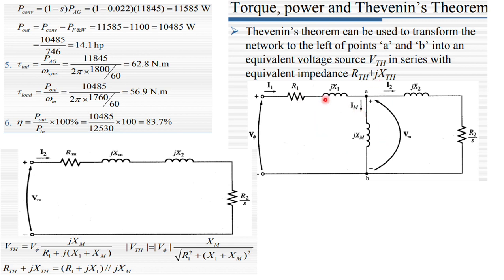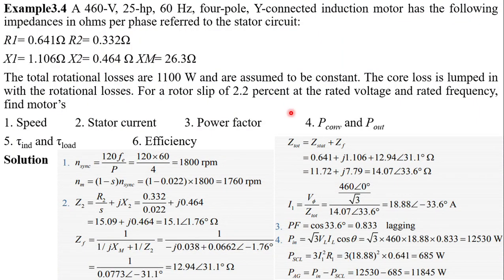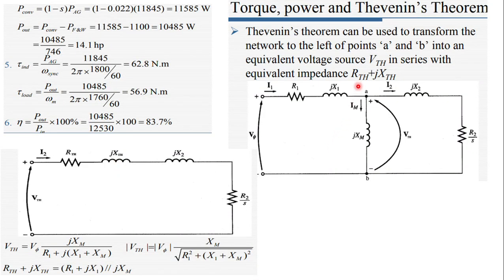Now R1 plus jX1 is Z stator. So Z total is equal to Z stator plus ZF. Now here is the equation, after this is ZF and this is Z stator, which means R1 plus jX1. So Z total is equal to R1 plus jX1 plus ZF.